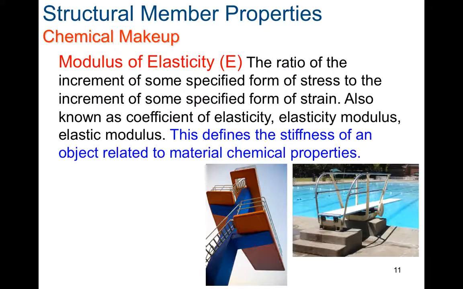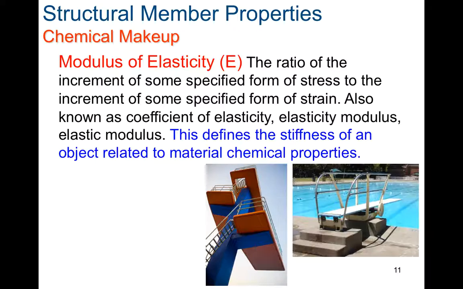Okay, structural member properties. Chemical makeup. So this is getting into the modulus of elasticity, the stiffness of the actual type of material that you're using. That's the next important part. Are you using wood, some kind of fiberglass material, metal, etc.? How much is it going to allow itself to deform?